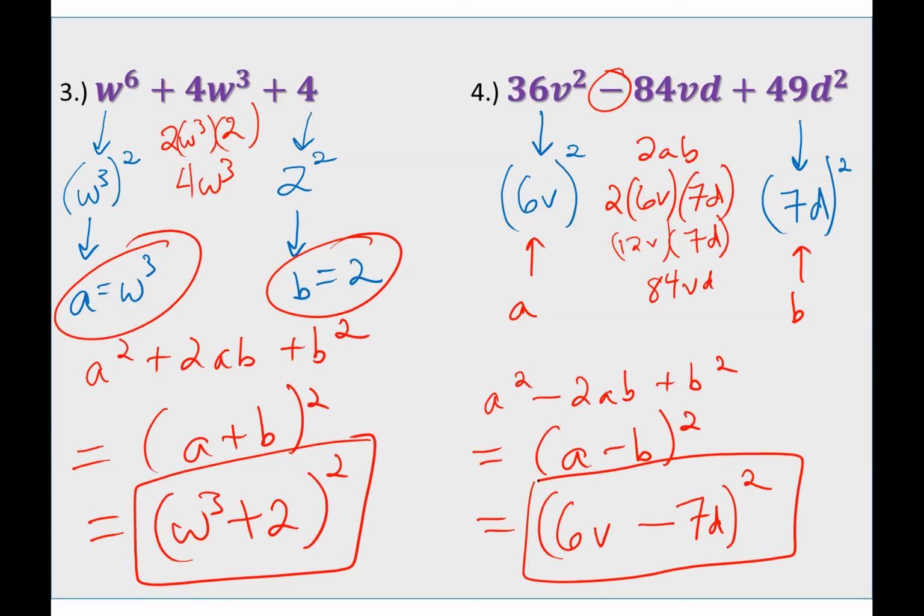For both of these problems, you could check by writing the parentheses twice and then doing that FOIL process. So for number 4, you could check it by doing parentheses 6v minus 7d, close parentheses, and then parentheses 6v minus 7d. You could FOIL, and you would end up getting the same trinomial in your final answer.